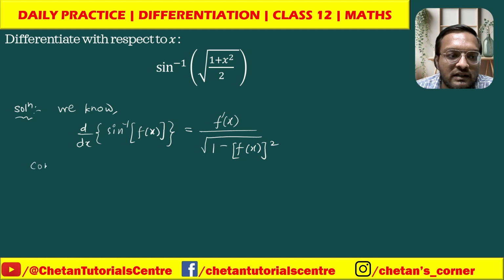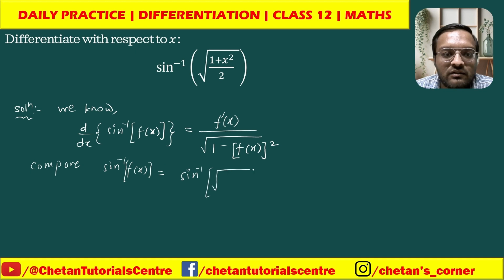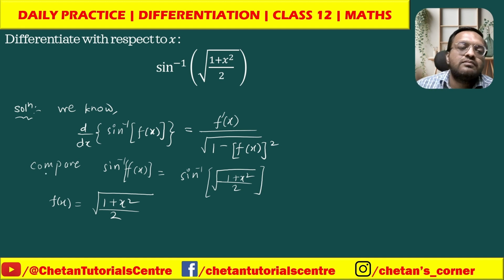Now I will compare sine inverse of f of x with sine inverse of under root of (1 plus x square) divided by 2. Then what I will get? F of x is equal to under root of (1 plus x square) divided by 2. Once we get f of x, I will differentiate this function with respect to x.